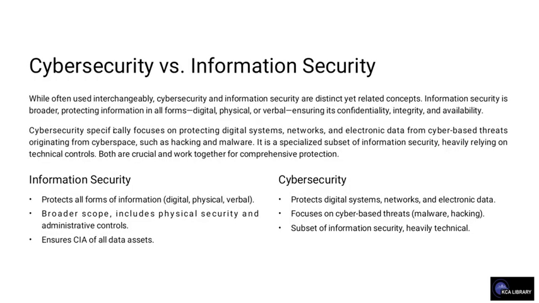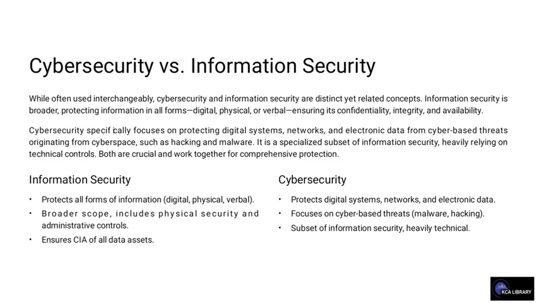Differentiating between cybersecurity and information security. While often used interchangeably, cybersecurity and information security are distinct yet related concepts. Information security is broader, protecting information in all forms, digital, physical, or verbal, ensuring its confidentiality, integrity, and availability.